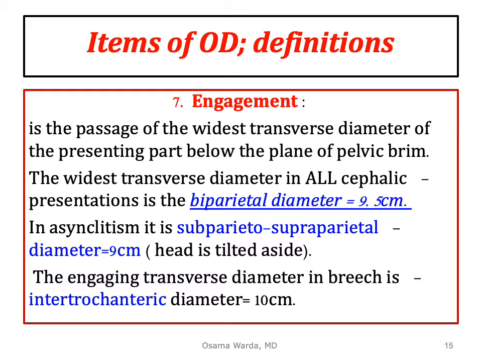In asynclitism, it is the subparieto-supraparietal, and it is only 9 centimeters. When the presentation is breech, the widest transverse diameter is the intertrochanteric diameter, the diameter between the 2 trochanters of the fetal pelvis, and it is 10 centimeters. Okay.